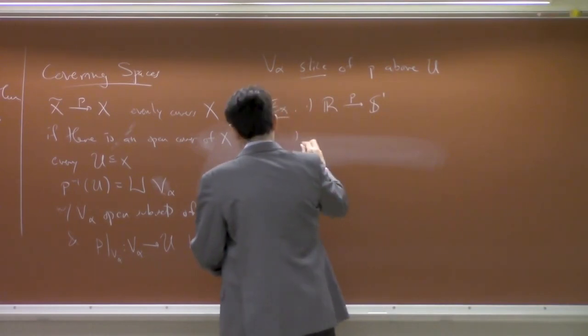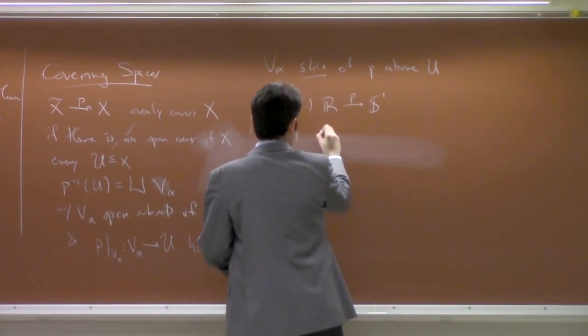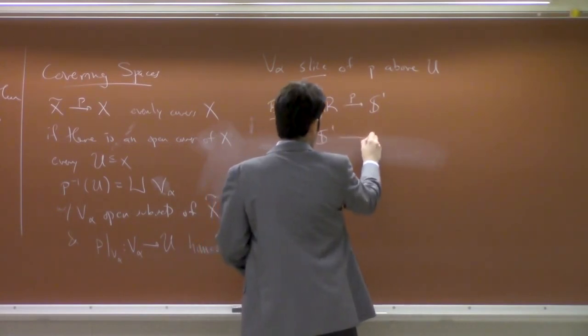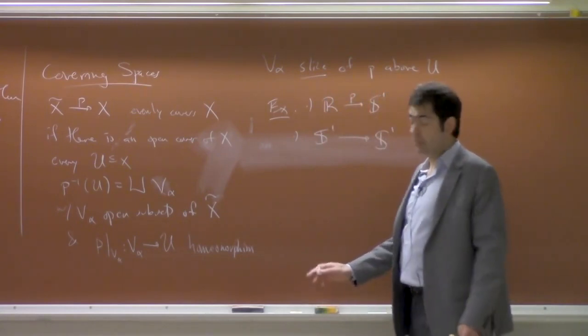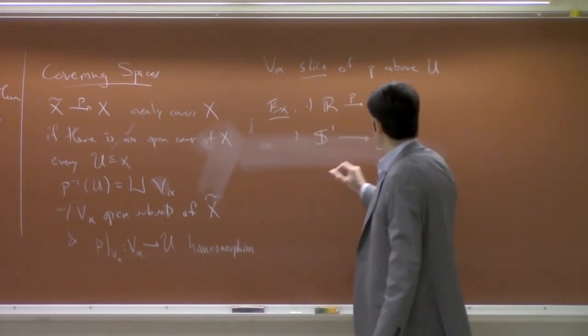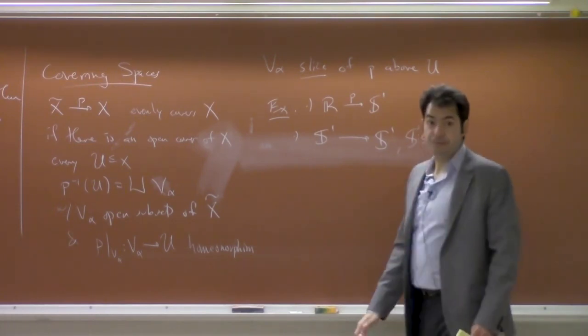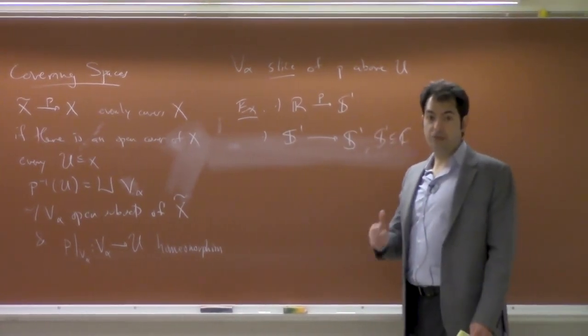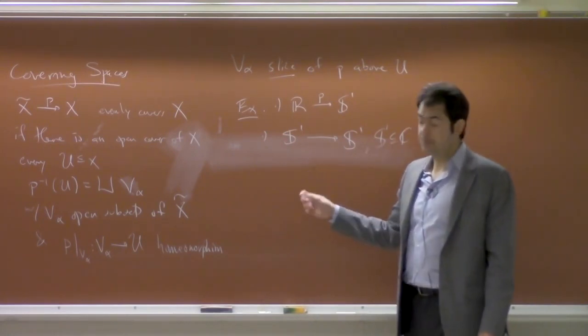You can also cover the circle over itself. So think of the circle as sitting inside the complex plane. So these are the complex numbers of modulus 1.